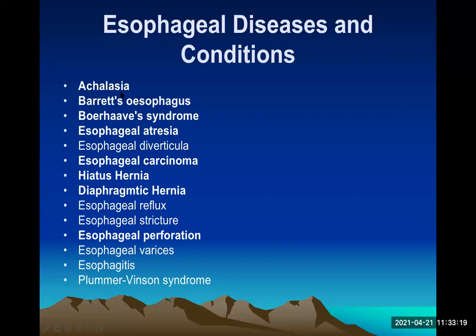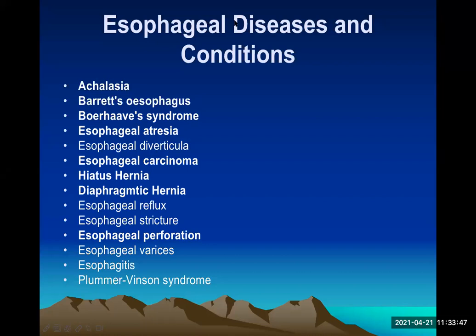Achalasia, I'm sure a lot of information is already known to you, but still we are going to revise them, or we are going to talk about some new things there. Barrett esophagus is another condition we are going to highlight. Boerhaave syndrome is the third one. Okay, this is the rupture of the esophagus. Esophageal atresia and tracheoesophageal fistula, we'll talk about them together.